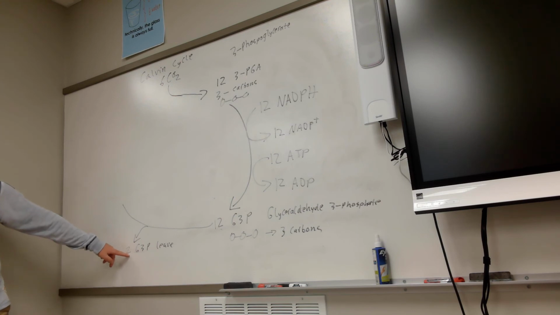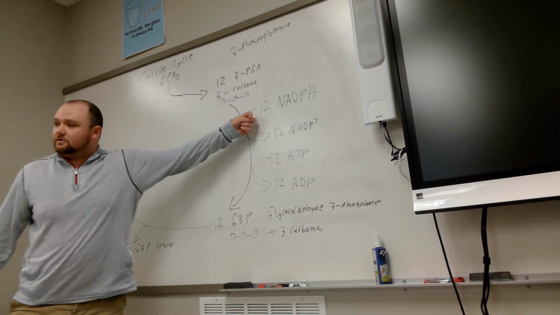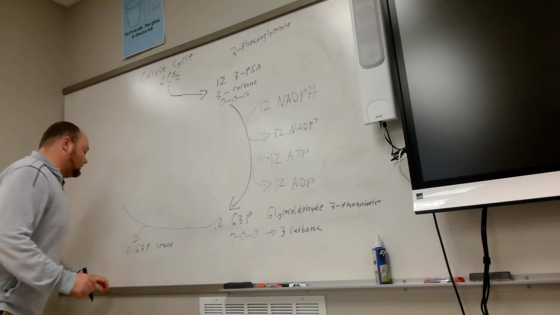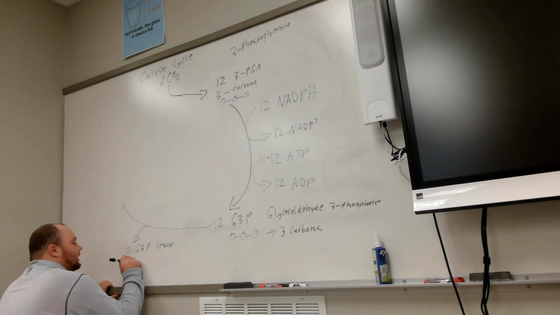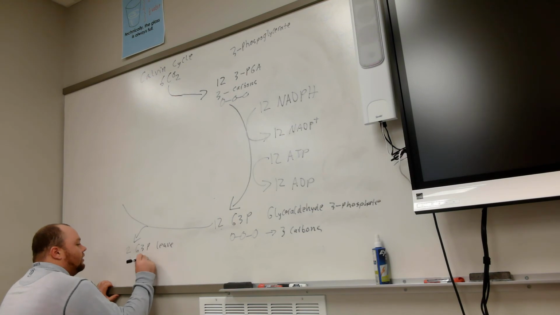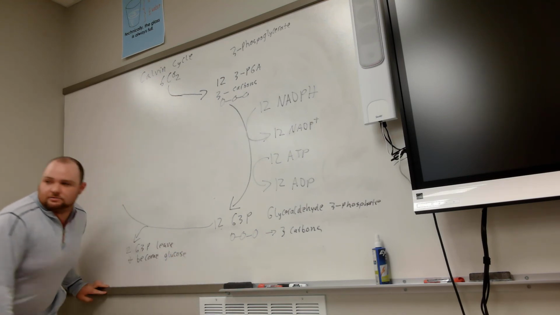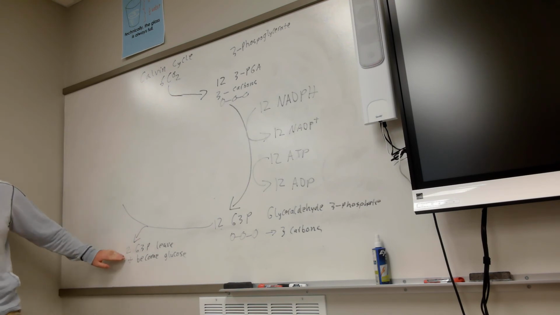We're going to take these G3P. We also use some hydrogen from here, right? To make these. So we have these 2 G3P leave and become glucose. Okay, there's another thing that kind of happens to them outside of this, but all you guys really need to know is that right here, these 2 are going to leave and they're going to become glucose.